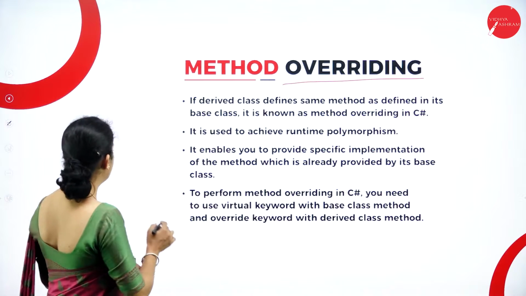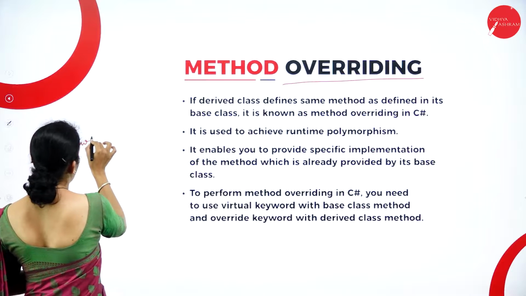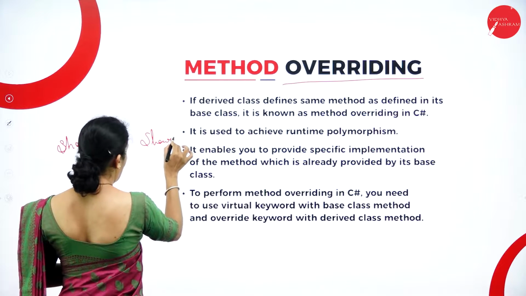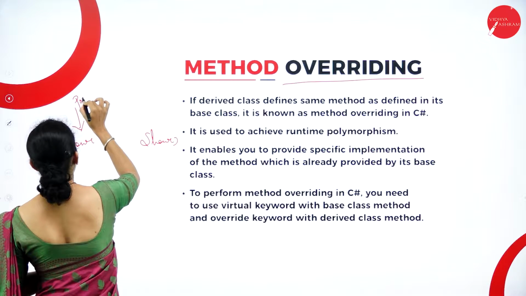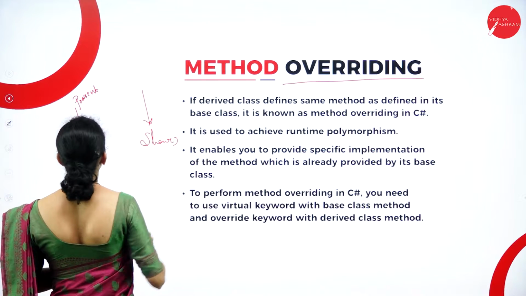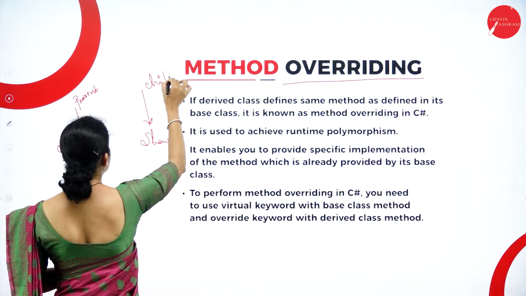So dear student, think that I have a show method and I have a show method, and one method is present in my parent class and the other is present in my child class.